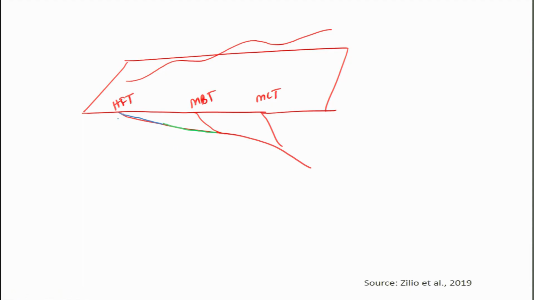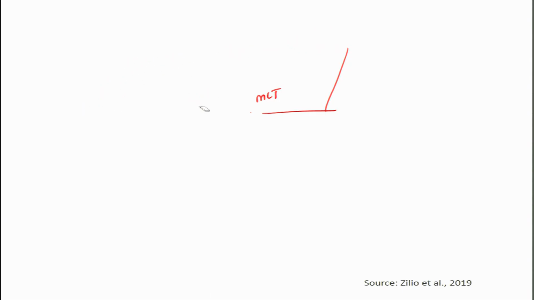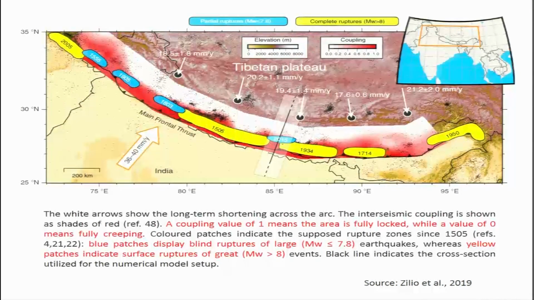Whether the earthquake was triggered here or along this one is an important part, and this is what has been explained and tried to be understood through the recent Gorkha earthquake of 2015. It was found that this earthquake was triggered in the down dip portion. It did not reach right up to the Himalayan front.